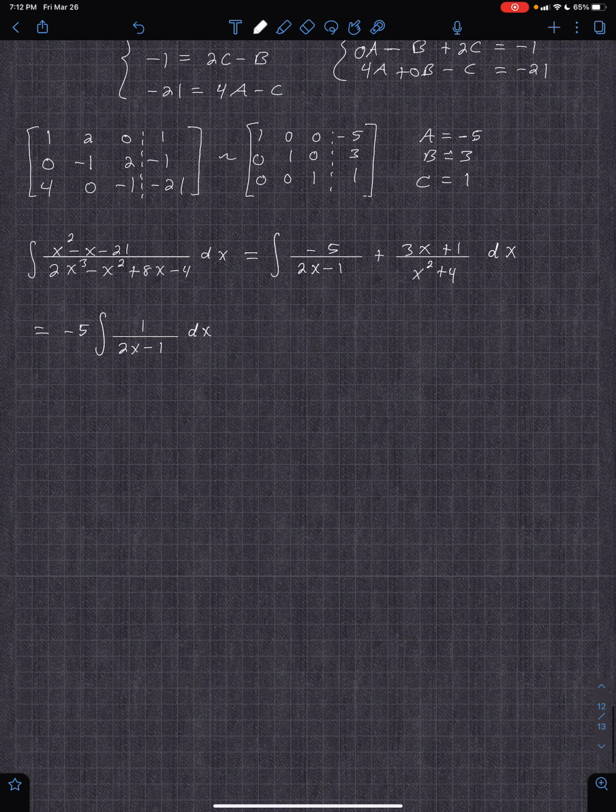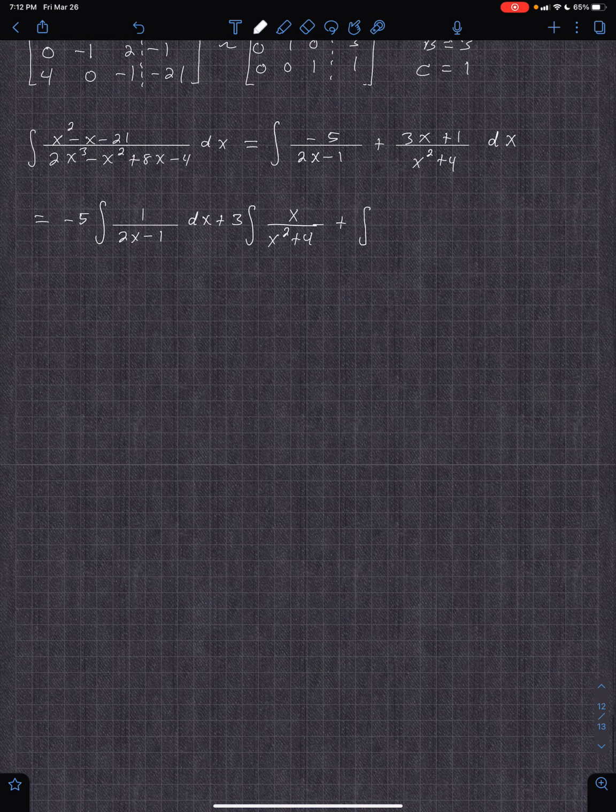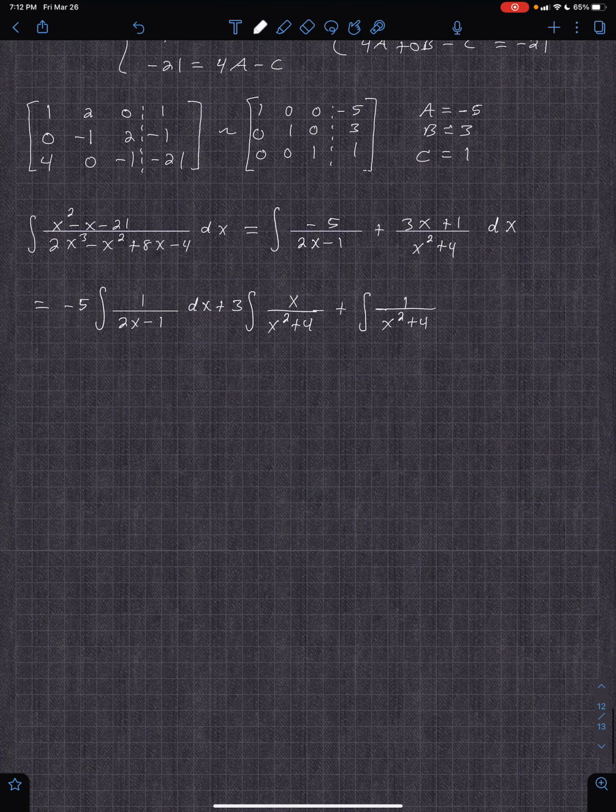And then plus the integral of, I'm going to try to bring out those constants so you can hopefully see it better, the 3, and then x over x squared plus 4, and then finally the integral of 1 over x squared plus 4 dx.